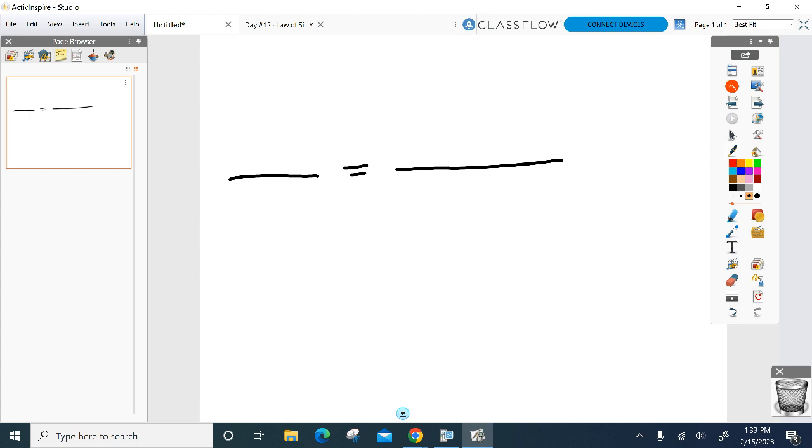You're going to take one of those sides. I'm just going to call it side A. Could be any side. You're going to take one of those sides and you're going to put it over the sine, hence law of sines, the sine of whatever angle is opposite it. So this is a side, and this is the sine of the angle across from it.